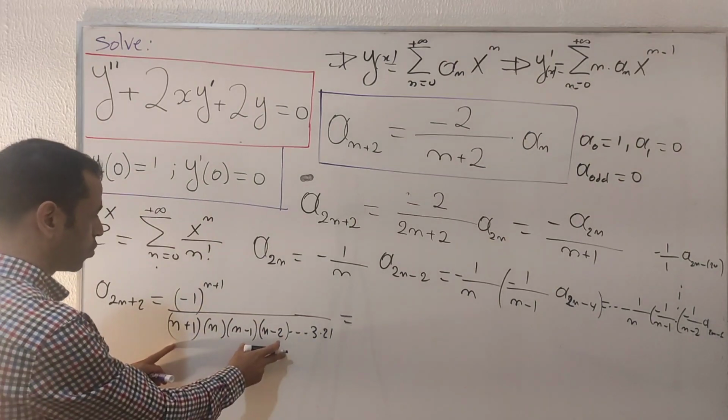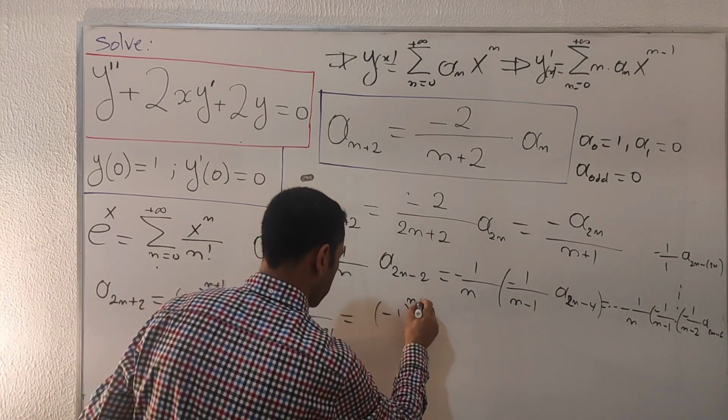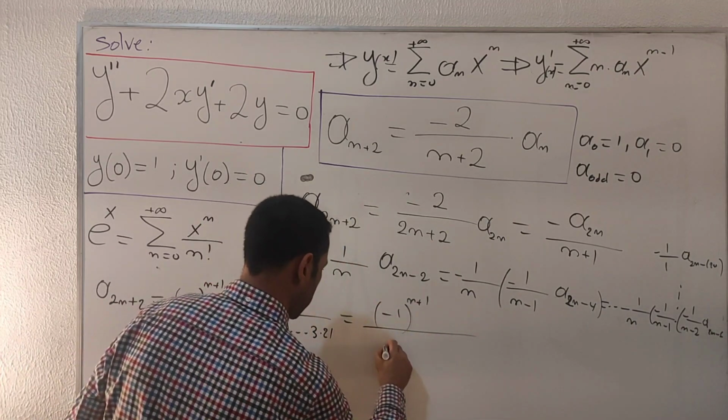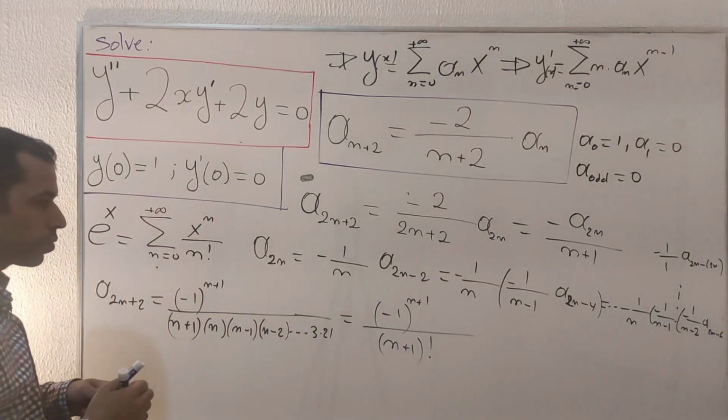This is the factorial. So you get minus 1 to the n plus 1 divided by n plus 1 factorial, like this.